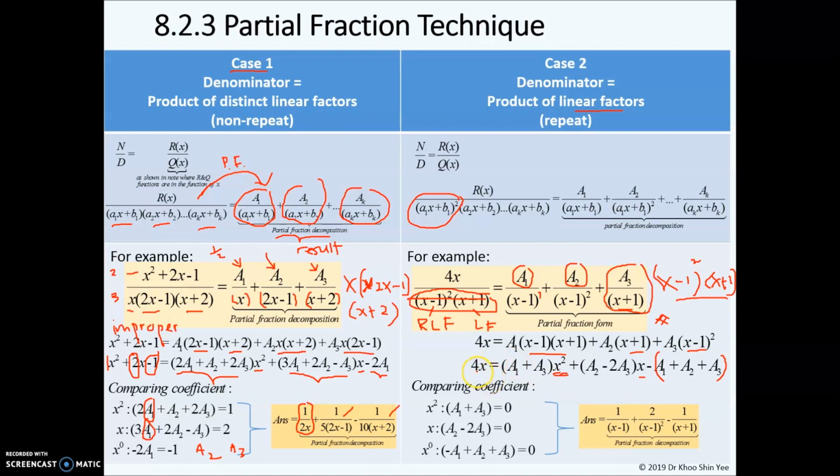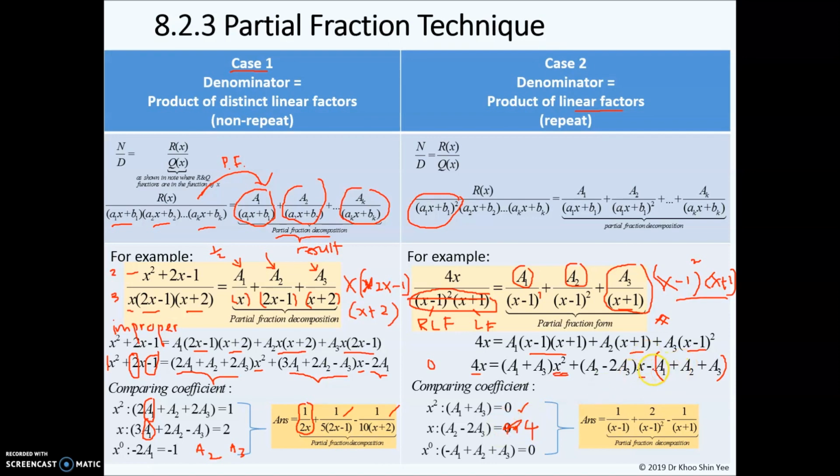By comparing the coefficients, x squared on the left is 0, so 0 is equal to a1 plus a3. So we form the first equation. Second, we compare the x: a2 minus 2a3 is equal to 4.